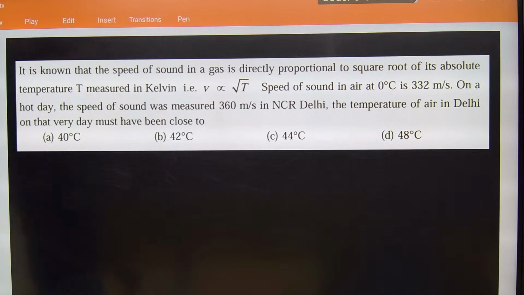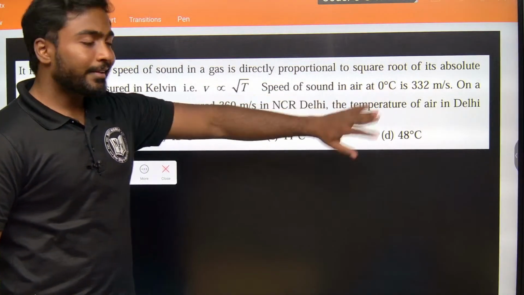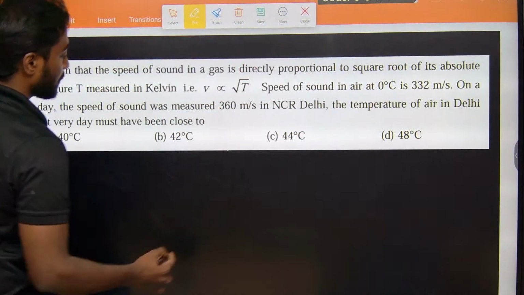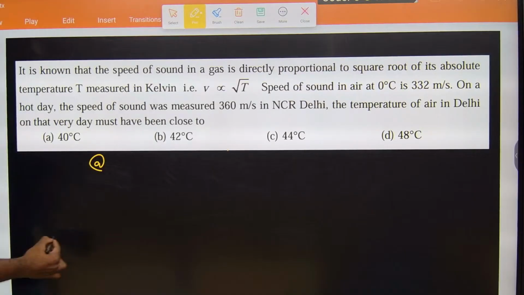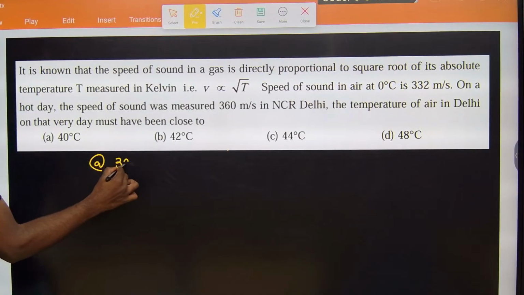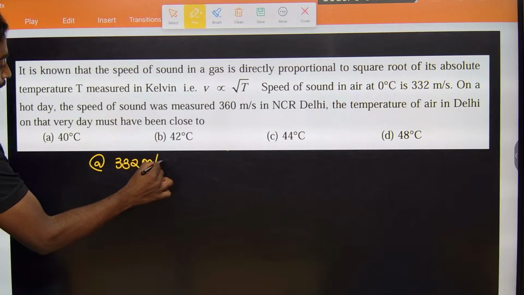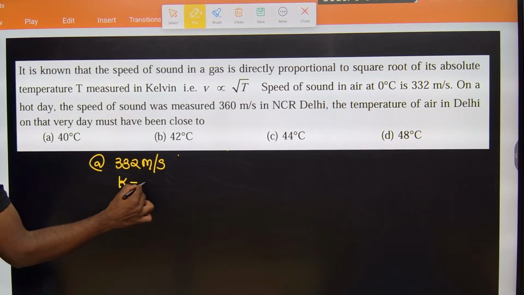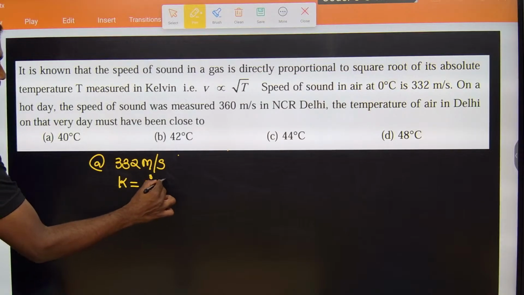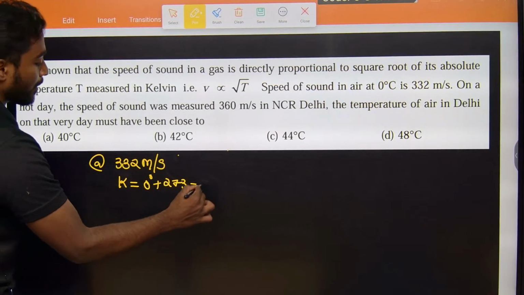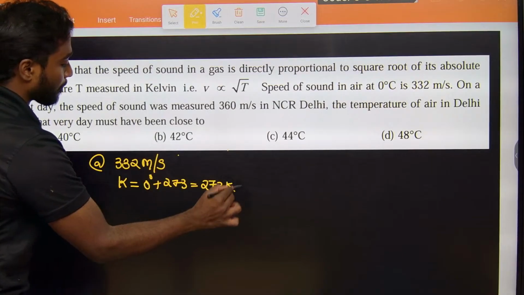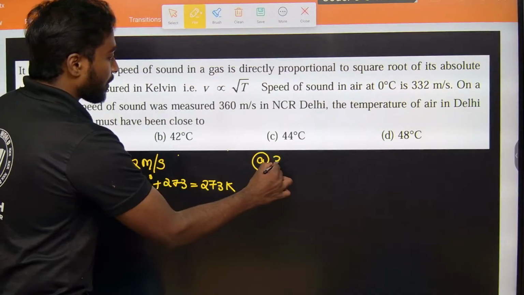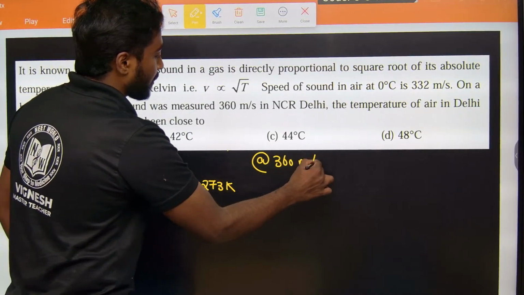First I will convert this degree Celsius to Kelvin. At 332 meter per second, the temperature in Kelvin is 0 degree Celsius plus 273, which is 273 Kelvin. Now, at 360 meter per second, what is the temperature?